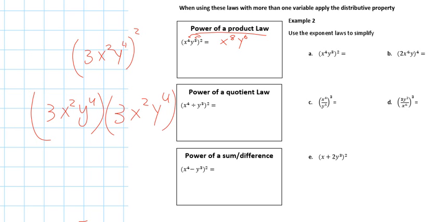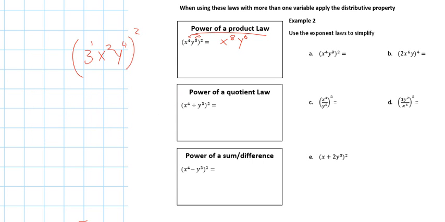So the most common mistake that students make is they forget to bring that square to the 3 as well. If it helps you, put a 1 on the 3 as well, because that technically has an exponent of 1, right? If it's 3 by itself, it's an exponent of 1.